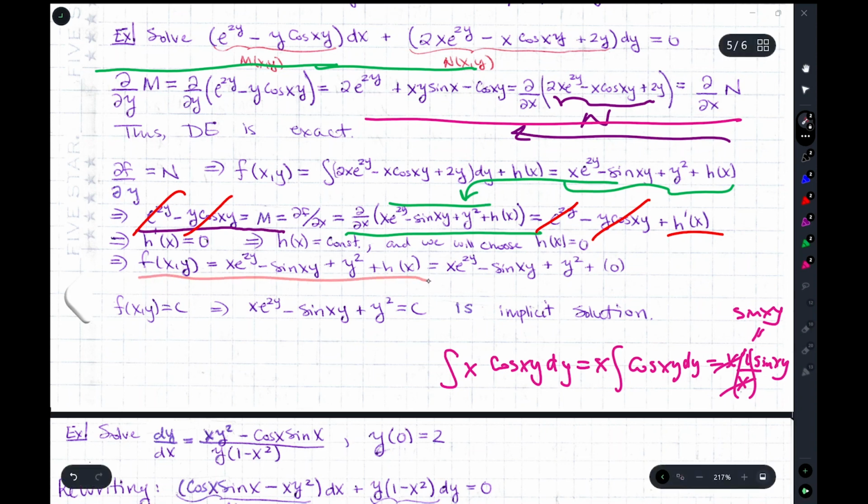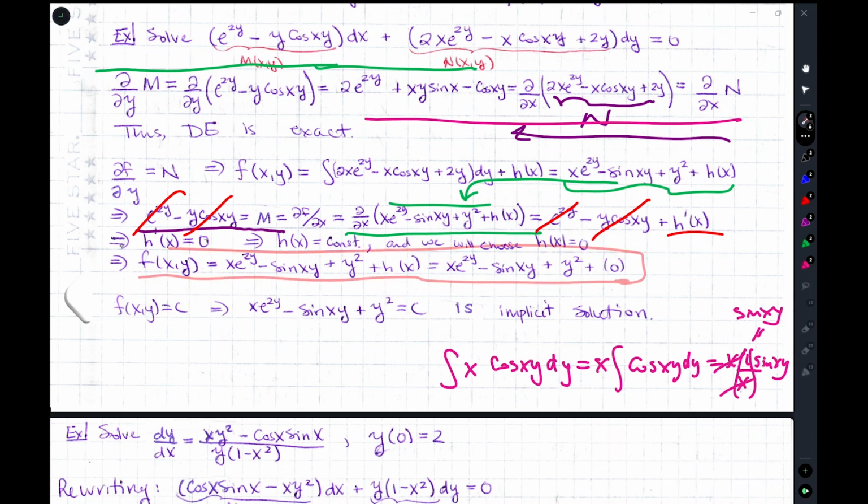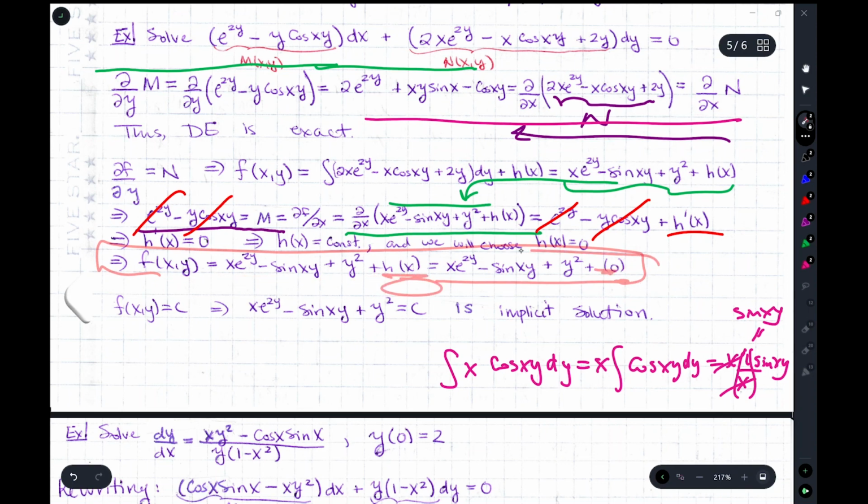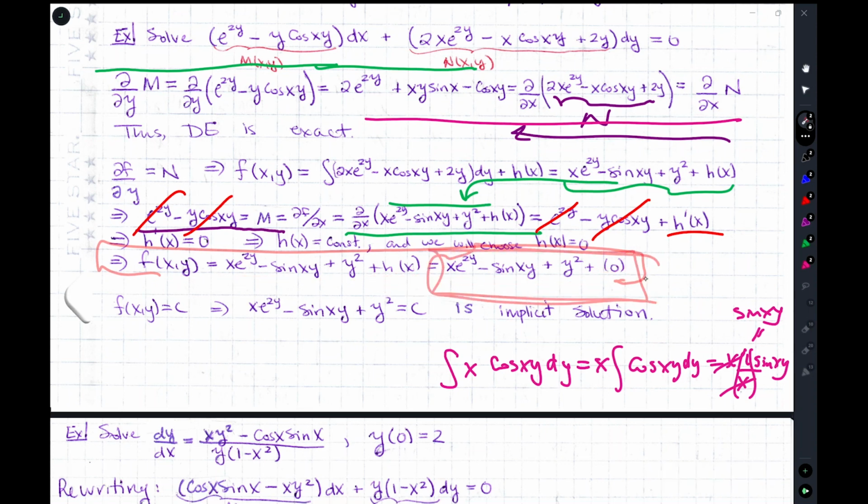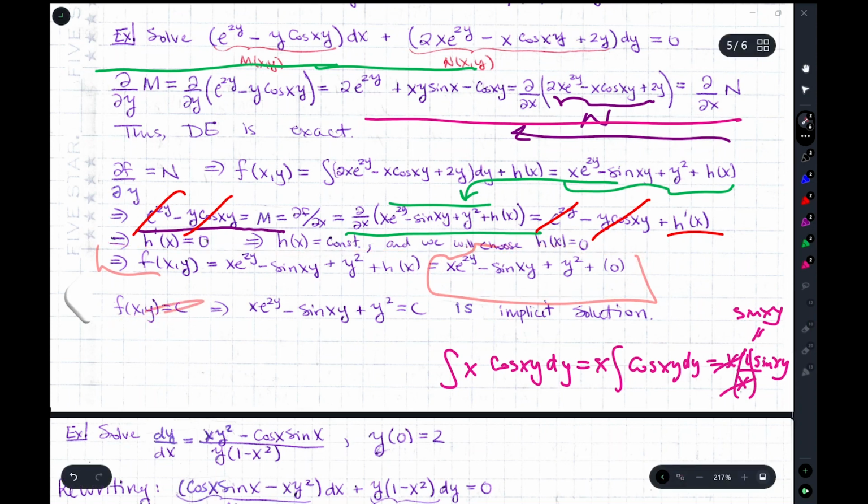So here's my f(x,y). This is what we worked on getting. This is the hard part. And I found h of x, it was 0. So this is our final product. This is what we want. We set that equal to c, and now this implicitly defines our solution curves. So this is an implicit solution. You can't solve it for y.